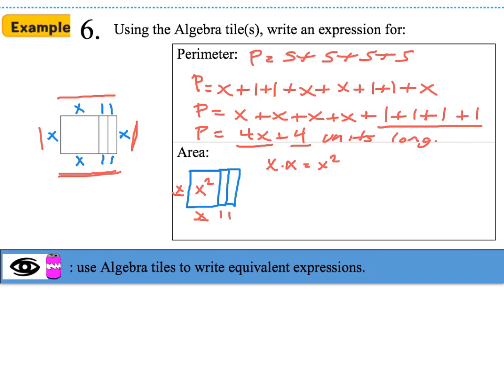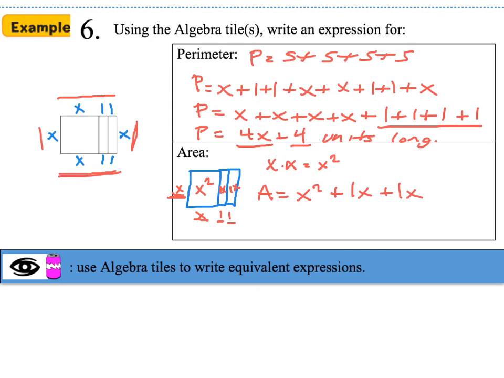Now let's go ahead and multiply this 1 times x. So 1 times x is just worth 1x. And let's go ahead and multiply this 1 times this x, and the space inside would be worth 1x. So let's go ahead and add up all the stuff inside. So my area would be equal to x squared plus 1x plus 1x.